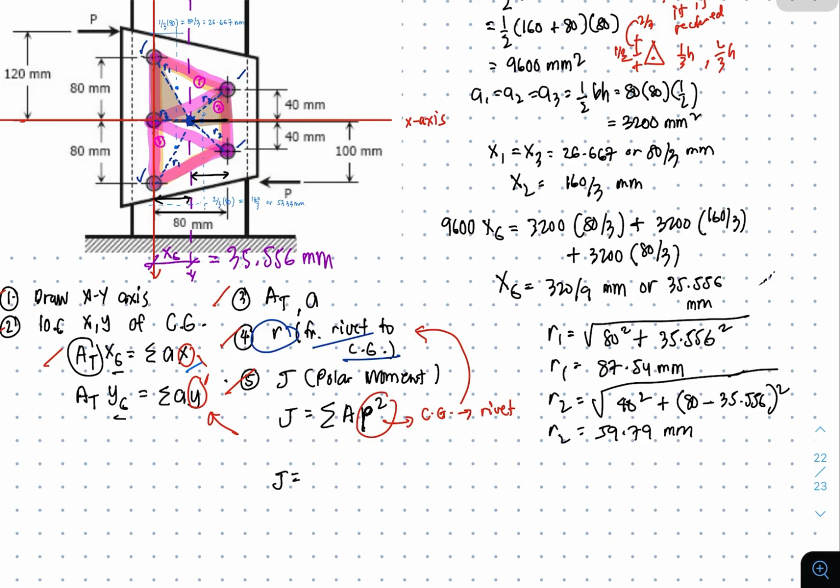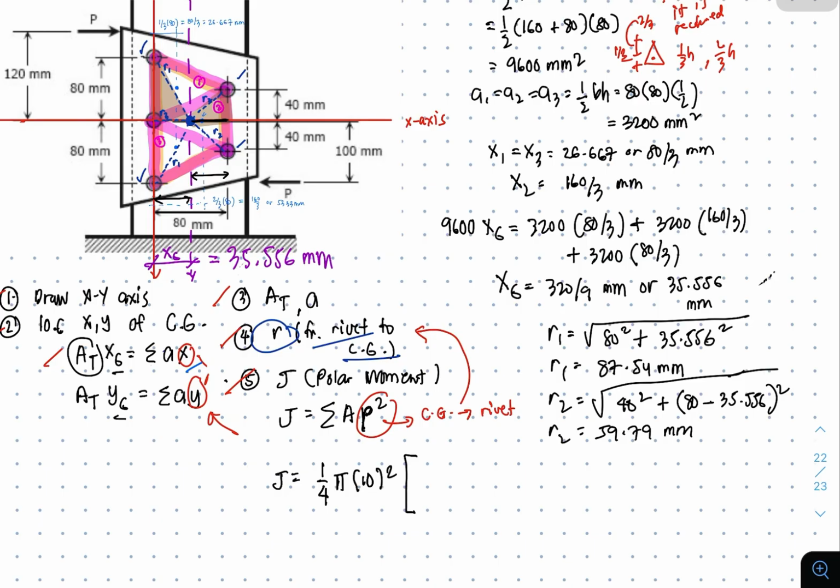So summation of first the area of our rivets, so we have here 1/4 pi, and the diameter of our rivet is 10, and right now we need to multiply this by the summation of our rho.